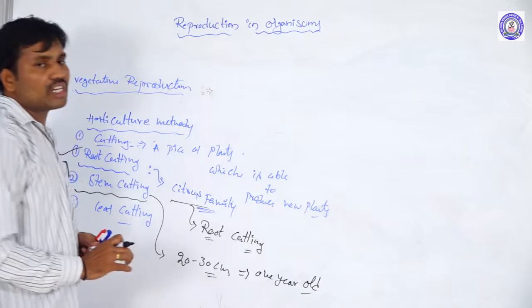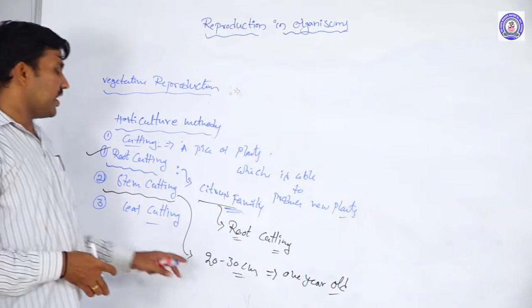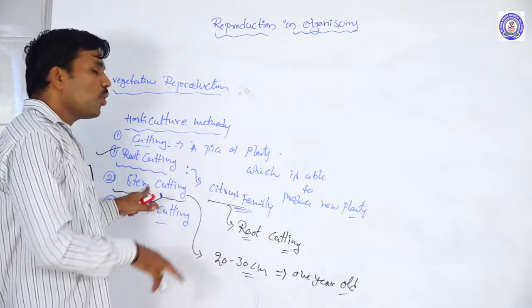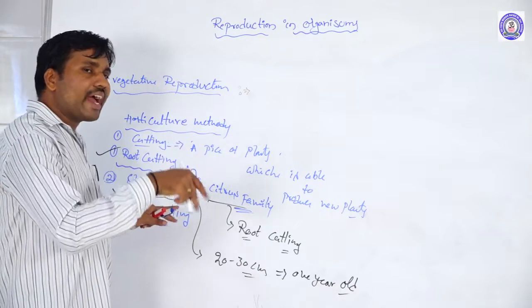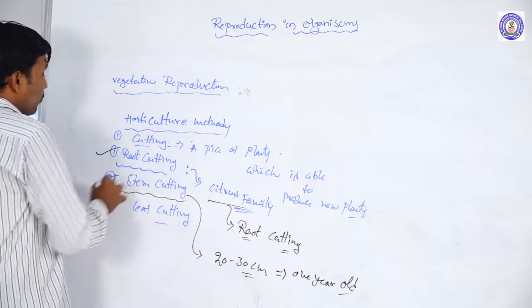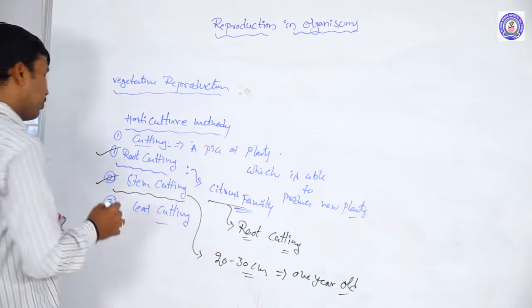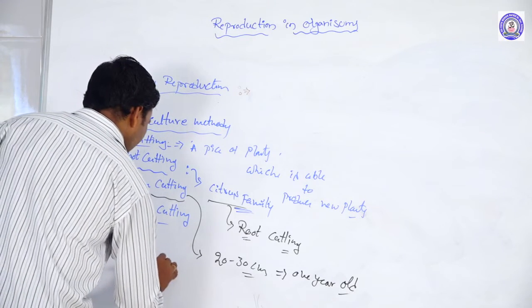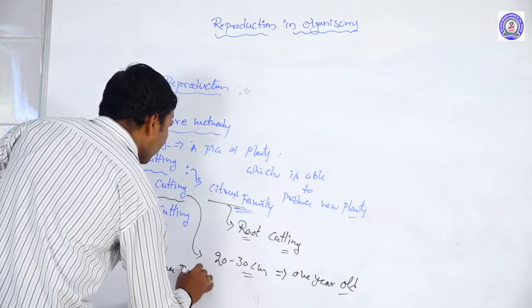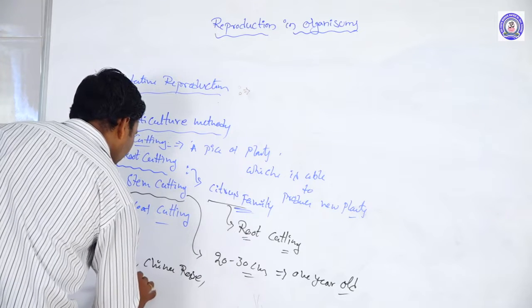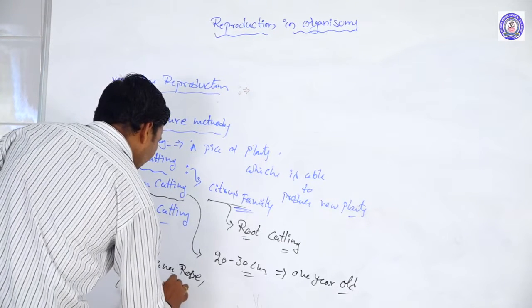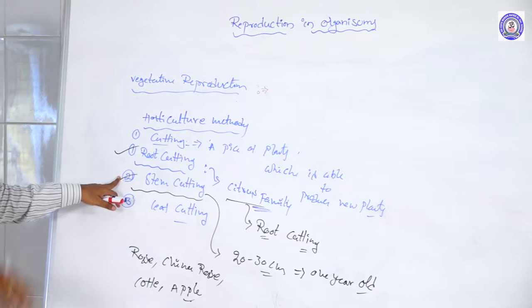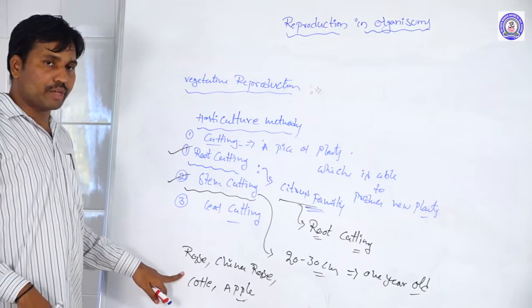Very young stems are not used. We take this piece of stem and plant it. This type of propagation is called stem cutting. Examples you can write are rose plants, China rose, coffee, and apple. All these come under the stem cutting process.